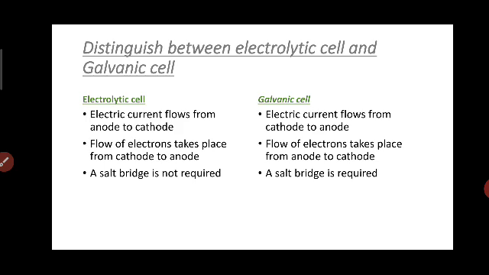So electrons move from cathode to anode, and the current is quite opposite to the movement of electrons. You only have to remember one point: electrons go from cathode to anode in the electrolytic cell. So the current flows from anode to cathode.